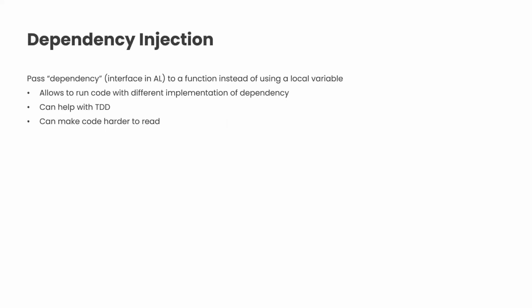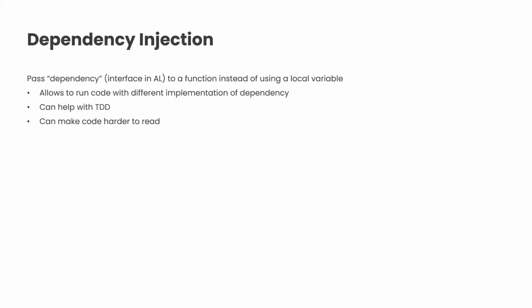And then we have this another subject, which is dependency injection. So instead of declaring the objects directly in our code, we can pass those code units to our methods, which allows us to run code with different implementations of this dependency. So for testing, we can pass something else to the procedure.